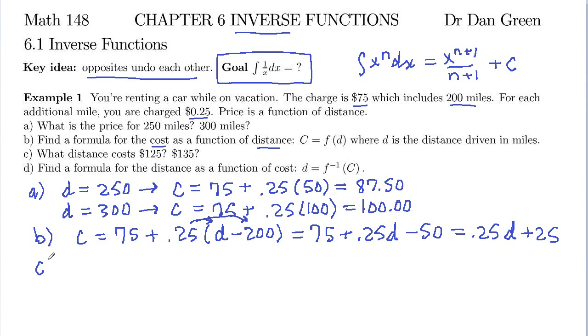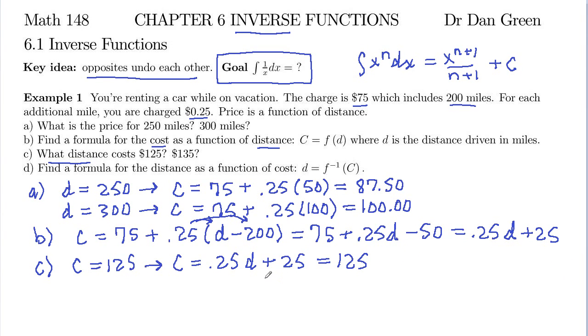Now part C, they ask us what distance here costs 125 or 135. So there they are giving us the cost. So we know cost equals 125. We want to know what is the distance. Well, here's our cost function. So we're going to set our cost, which is 0.25d plus 25, equal to that 125.